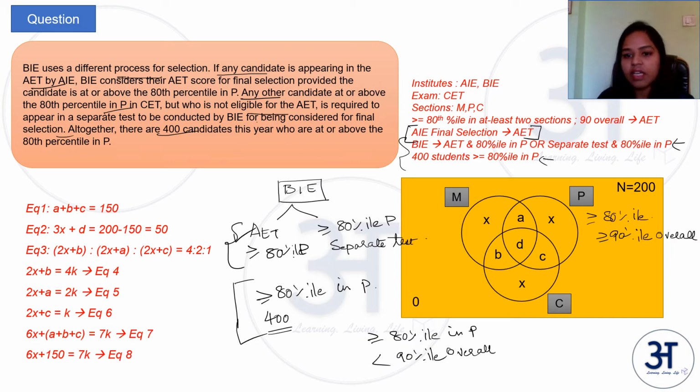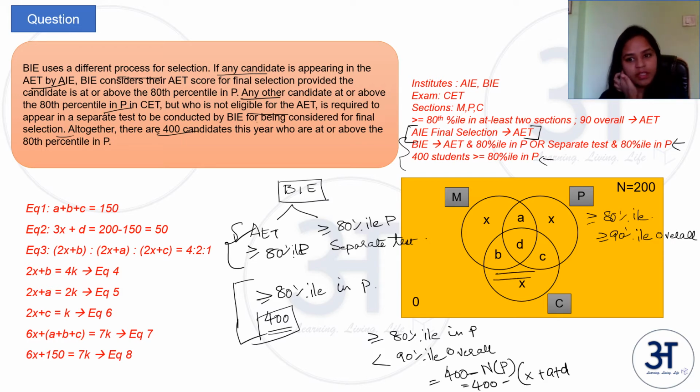That will be equal to 400, which is the total greater than or equal to 80th percentile in P, minus n of P in this set. So that is equal to 400 minus x plus a plus d plus c. You need to just keep this in mind.